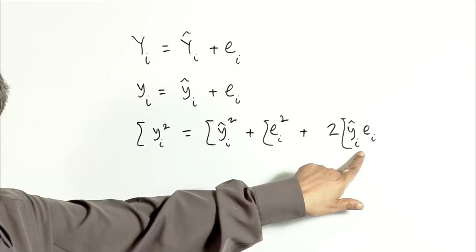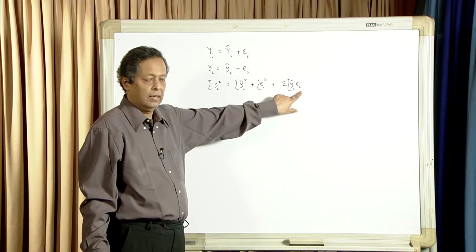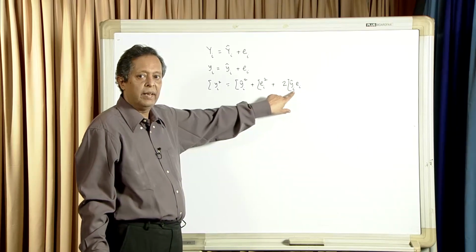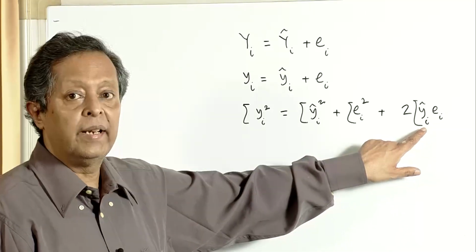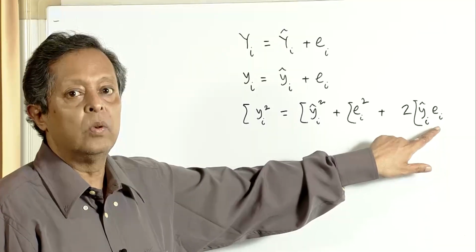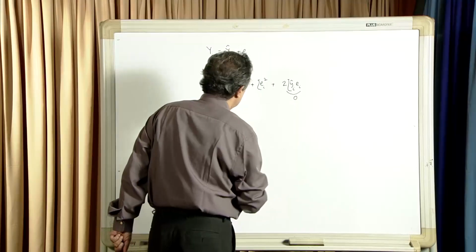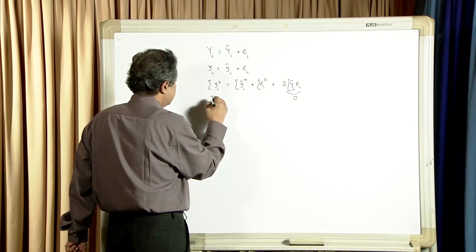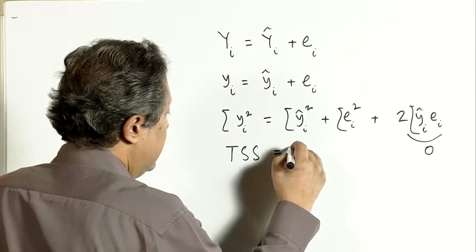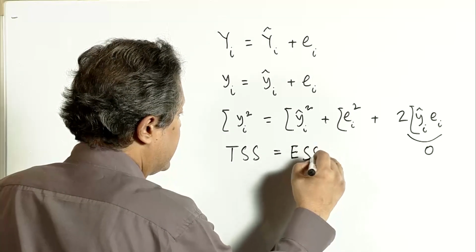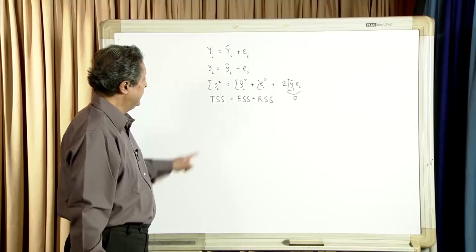Note that this is the covariance between estimated values and the error, and this estimated y depends on the x's, but from the normal equations the covariance between error and x is equal to 0, and therefore, this term is equal to 0. Hence, we write the resulting equation as total sum of squares is equal to explained sum of squares plus residual sum of squares.